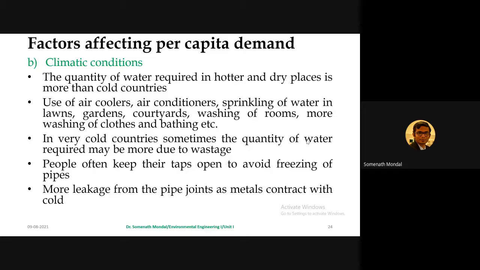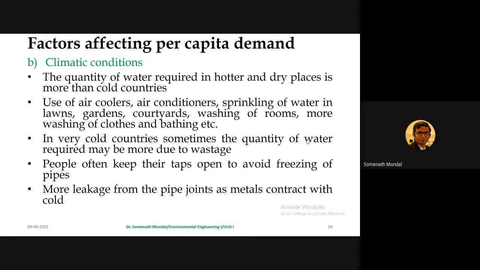Now, most of you will be able to understand that, since most of you are from different parts of our country. The overall maximum, minimum, and average temperature are so diverse in our country in different places. So you will be able to understand how water demand changes with respect to temperature.